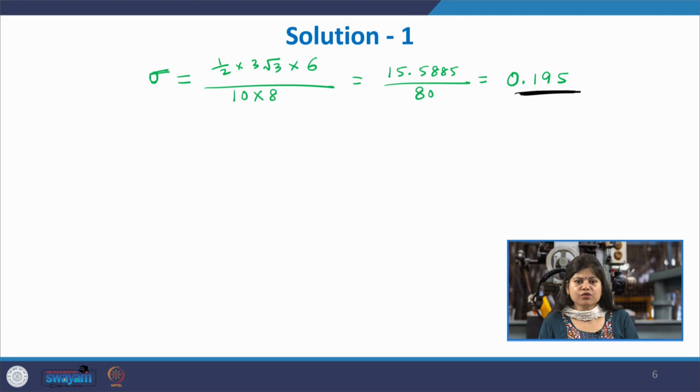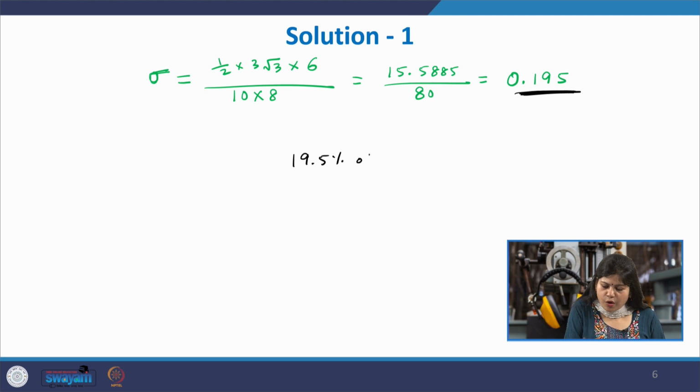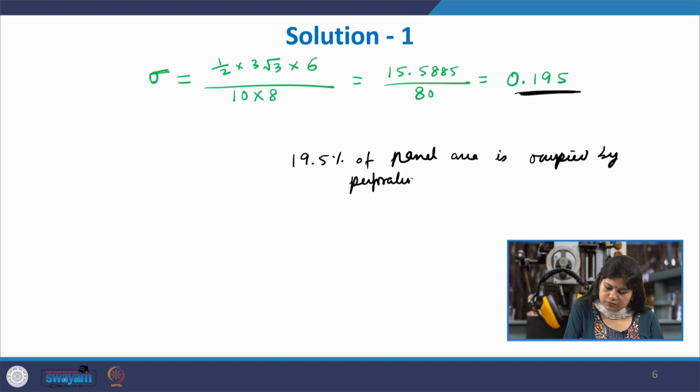That is the implication of this word. So, 19.5% of the panel area is occupied by the perforations, or 19.5% of its area is empty.